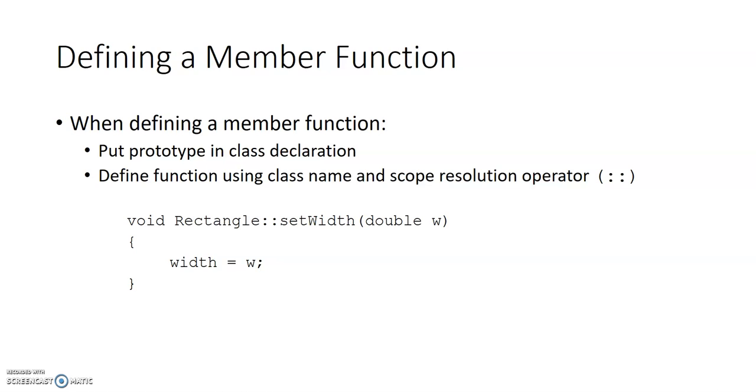So in order to define a member function, okay, we do need to still think about our prototypes, and we'll look at that a little bit later on. But then we also need to define the function's class name and the scope. And this is a little unique to the language, and so we use the scope operator. Those are two sets of colons.